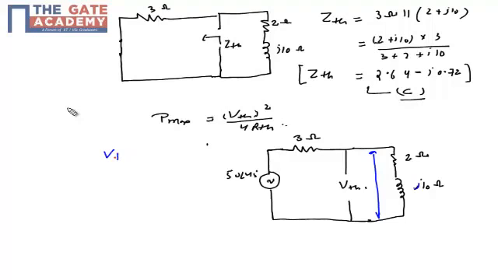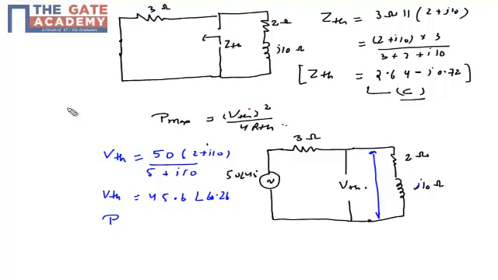So my VTH will be 50 into (2 plus j10) upon the total network, which is 2 plus 3, 5 plus j10, which is 45.6 angle 60.26. This is my VTH.